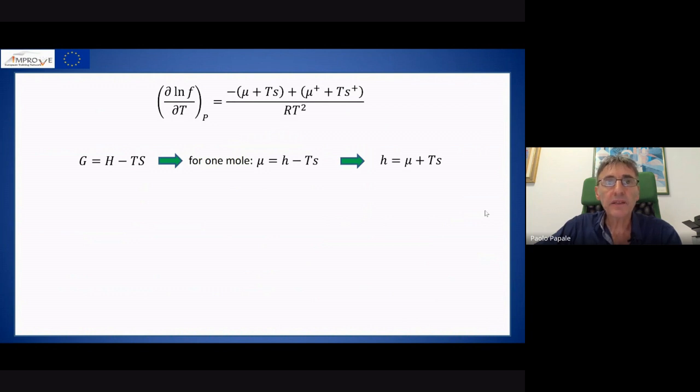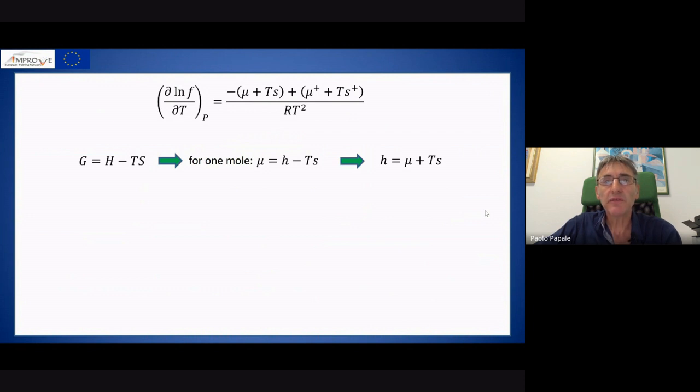Let's go back to the expression of the Gibbs energy to understand that. We obtained this expression in lesson 1 from just the first and second laws via Legendre transformations. Gibbs energy is given by enthalpy minus the product of temperature and entropy.